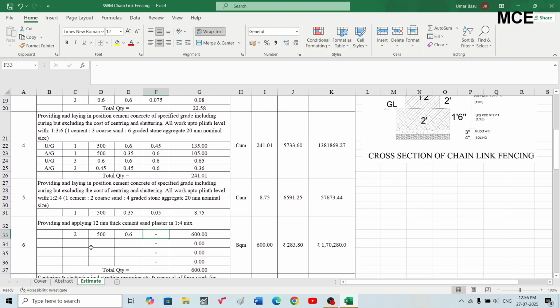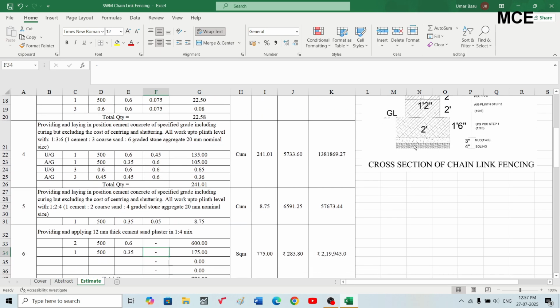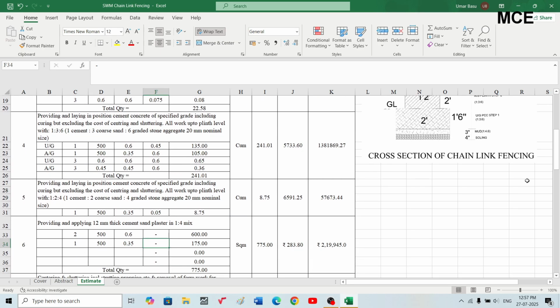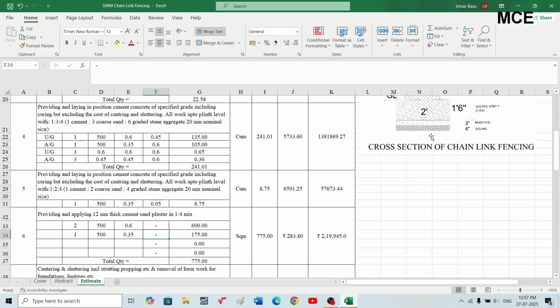After that, we will plaster the top surface, that is 1 into 500, and the width is 0.35 meters for the above ground concrete, that is plinth step. This was for the length and the top of this above ground plinth.